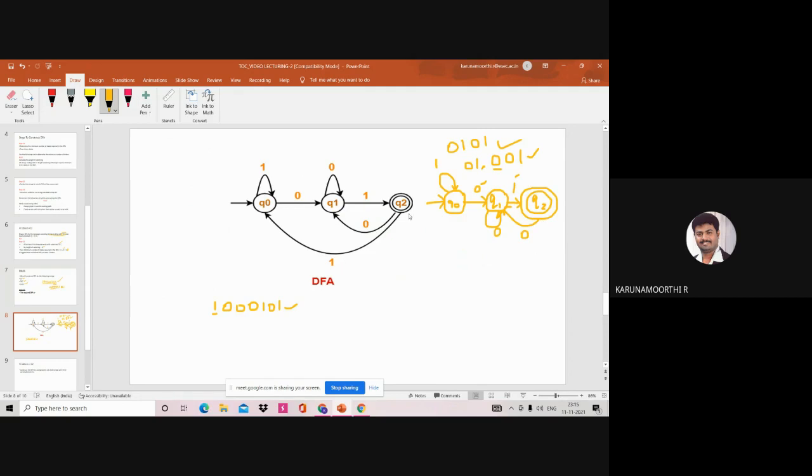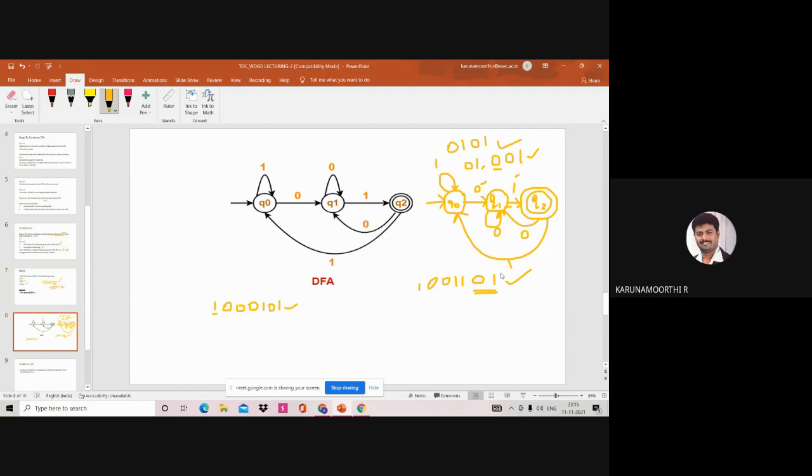And again, here we may put one more 1, right? What are the possible strings here? Say 1, 0, again 0, again 1, here 1, right? 1, 0, 1. So this is also possible. So the strings end with 0, 1, right?